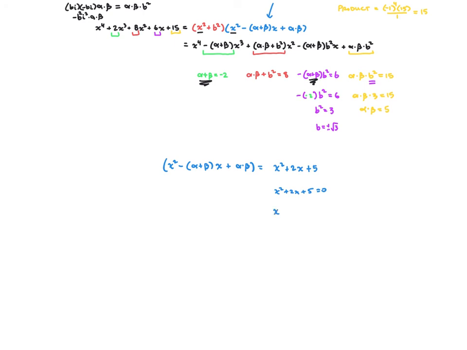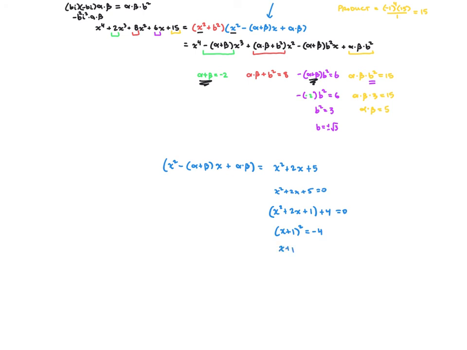So I'm going to complete the square, which will be x squared plus 2x plus 1 plus 4. All right, so I split the 5 up into a 1 and a 4, which allows me to write this as x plus 1 quantity squared equal to -4. So I'm going to take the square root of both sides.